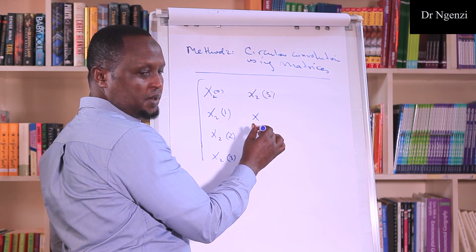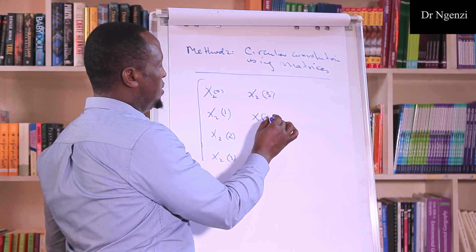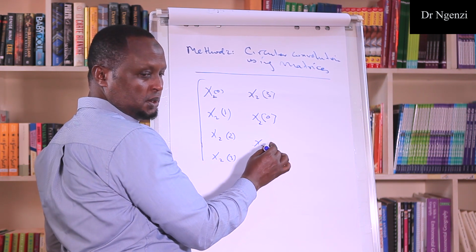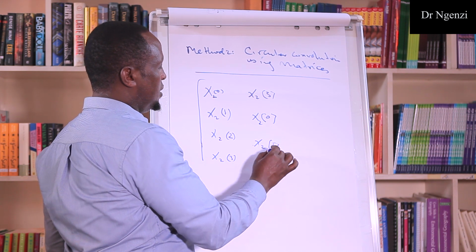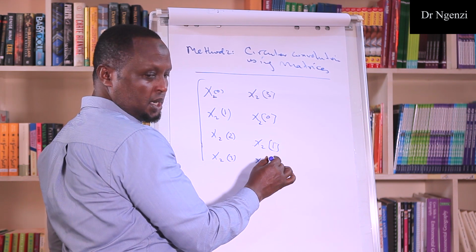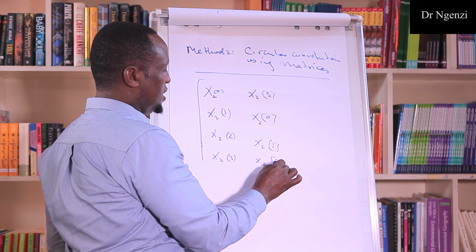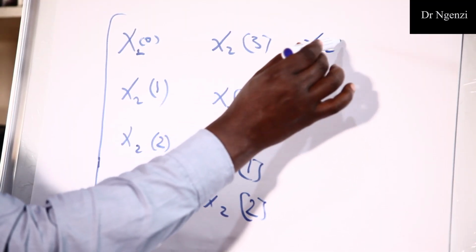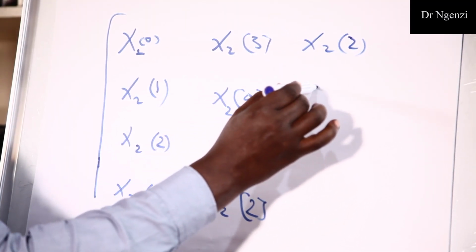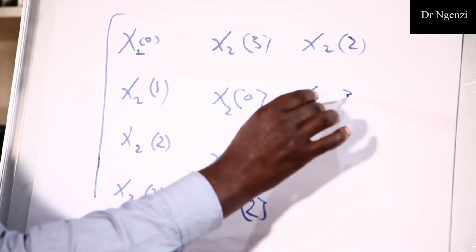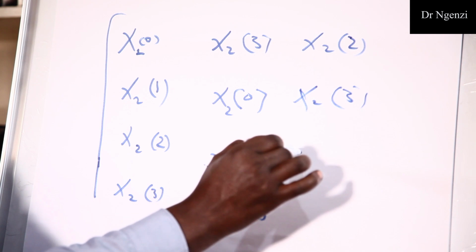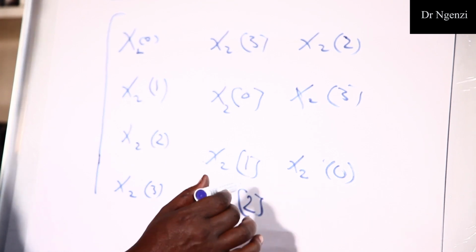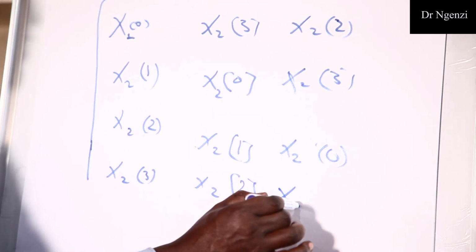We are putting the other values at any particular point, X of 2 at 0, X of 2 at 1, X of 2 at 2, and also X of 2, 2, X of 2, 3, X of 2, 0. All these values, you know where they are coming from. It is from the previous example.